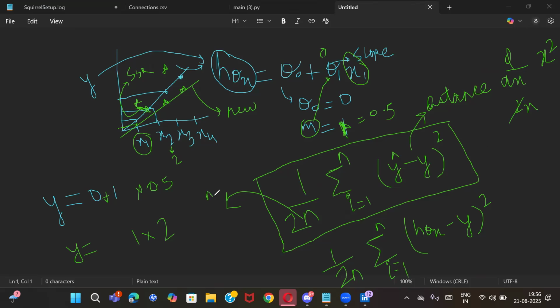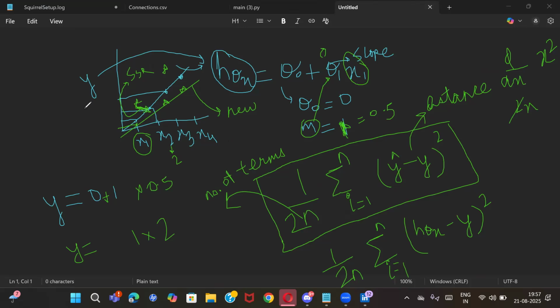What is the number of terms currently? You can count one, two, three, four. So here it is four.